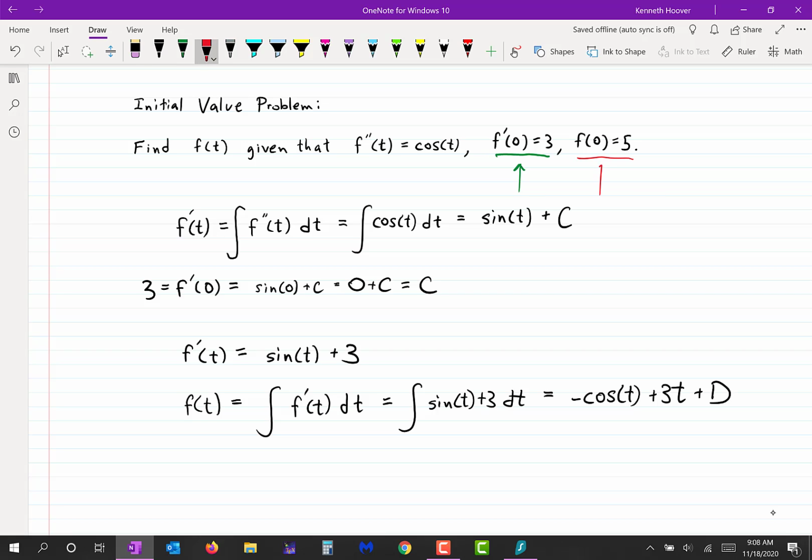Then I use this piece of information to find d. We look at f of 0. I know what f of 0 is two different ways.